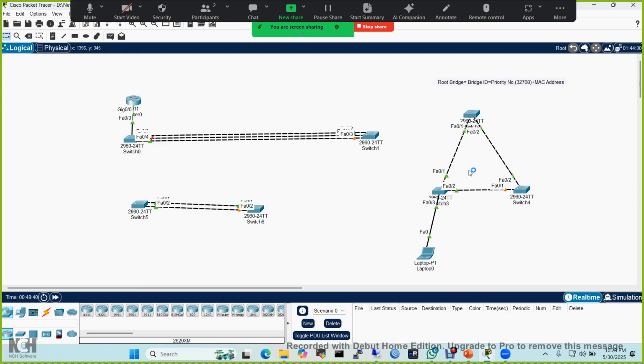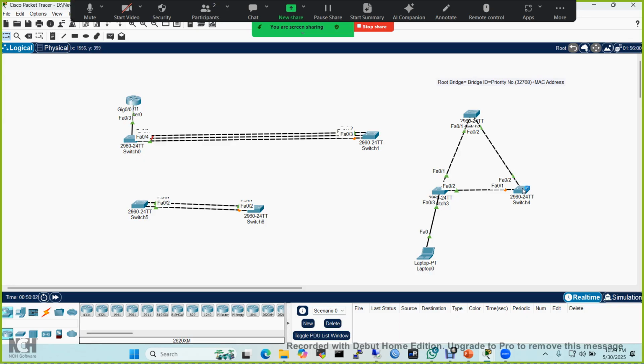What is the root role? The root role is a port that has the easiest path, the lowest cost, to reach the root bridge. For this non-root switch, there is also a path to reach the root bridge. Which one is it? This one, isn't it?